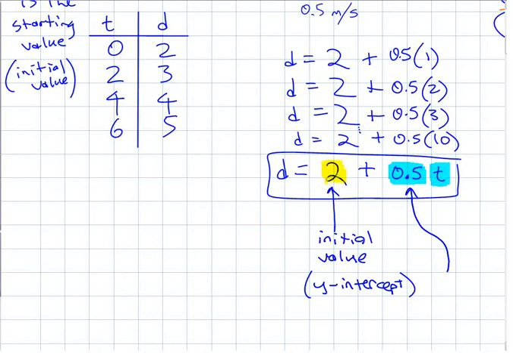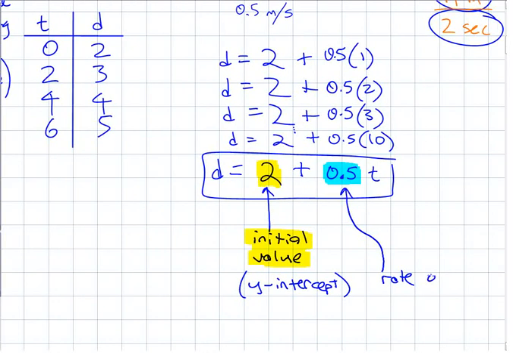Well, I'm going to put this in yellow. That's the initial value. In blue, what was that again? That was the rate of increase or decrease. Rate of change. I'm going to put here it's the slope in brackets.